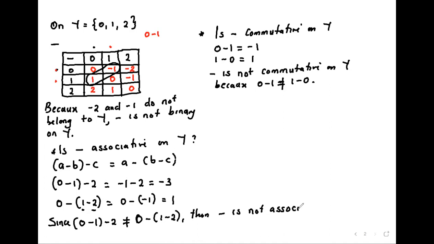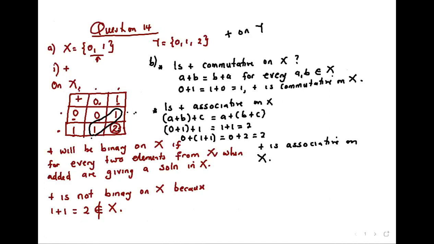Then, Sir, looking at what you said, to prove whether minus is associative on Y, we used elements in set Y. What of when we used the plus to prove if it's associative on set X? What elements did we use? Because we also had C. Looking at the elements, we only had 2 elements.